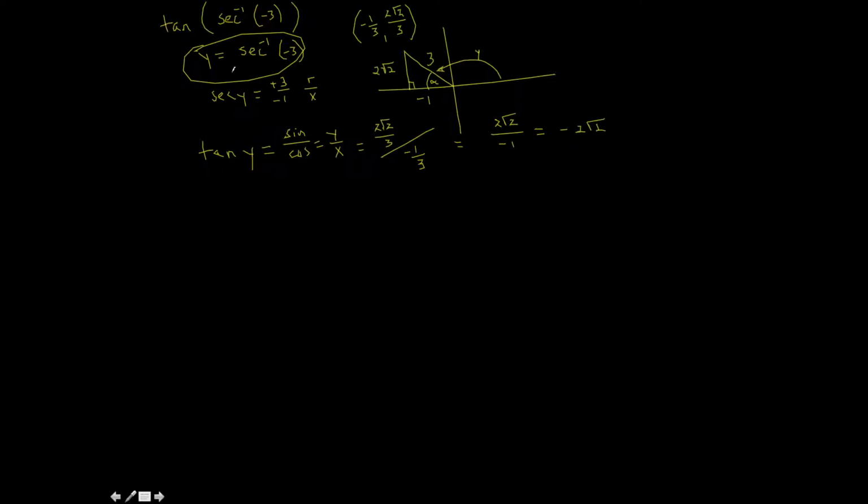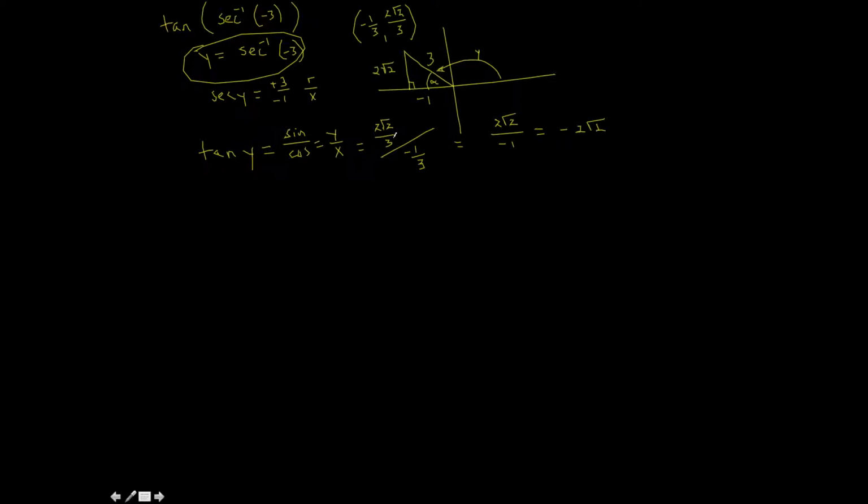So we took our inverse, used it to get our reference angle and our triangle set up, and then we used it to find the tangent, just like we've done in previous sections. So that's nothing different. Don't let the secant fool you. It's just a different way of having to do the reference angle triangle.